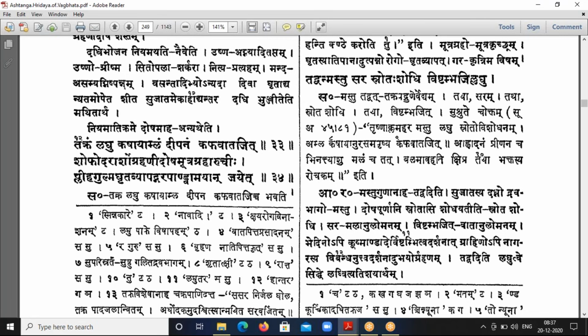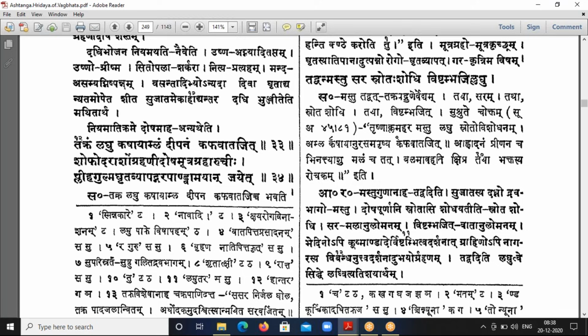So even if you call it takram technically, you cannot expect the type of outcome what is enlisted in this shloka: Shotha-udara-arsho-grahani-dosha-mutragraha-ruji-gulma-pliha-kridavyapat-gara-pandwamayan jayet. That you cannot expect. Fine.